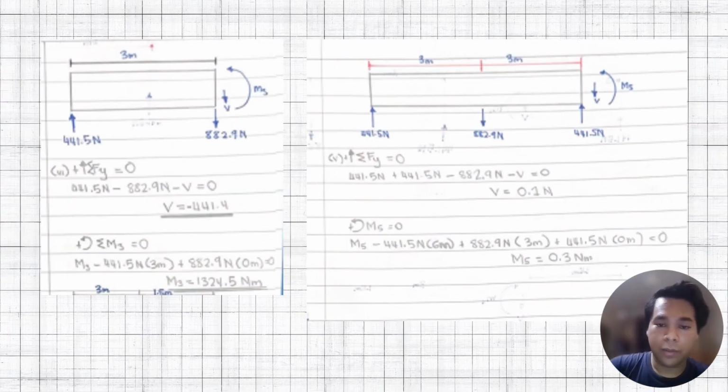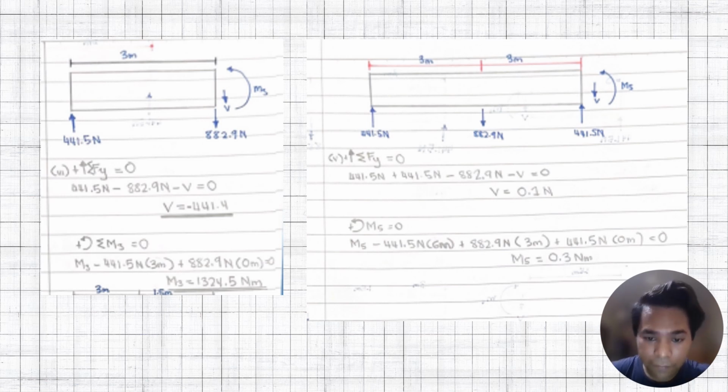Hi, Assalamualaikum. My name is Muhammad Akmal bin Adnan. As we can see in figure 4, the overall Fy is equal to 0. The answer is negative 441.4 Newton. For the overall M3 also equal to 0, the answer for M3 is 1324.5 Newton meter.